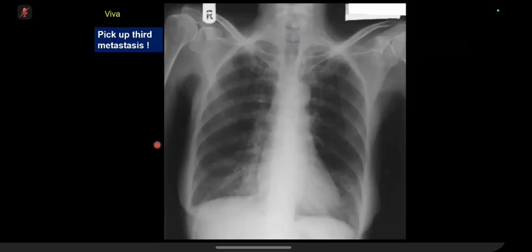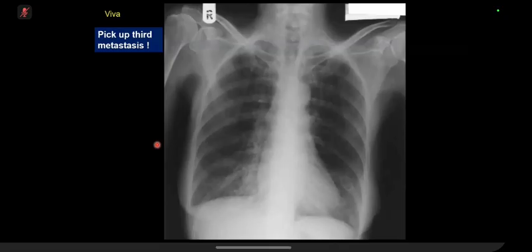Hello? Yes, we are listening, please. So I want you to pick up the third metastasis. Okay, bone metastasis. So there's one in the left posterior rib, and there's one projected over the right scapula.